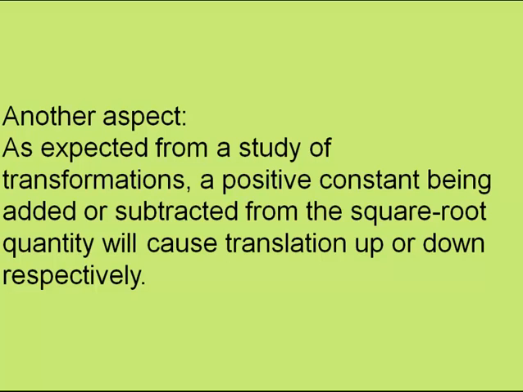Something else. What if there is a constant added or subtracted from the square root at the very end? This is nothing too special. Just as in your transformation studies of functions in general, it just causes translation up or down, depending on if the constant is positive or negative, respectively.